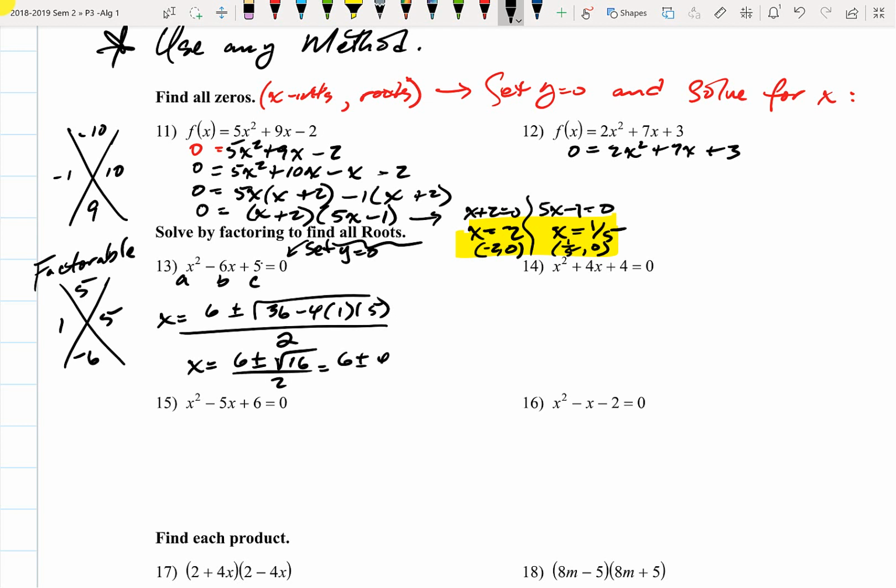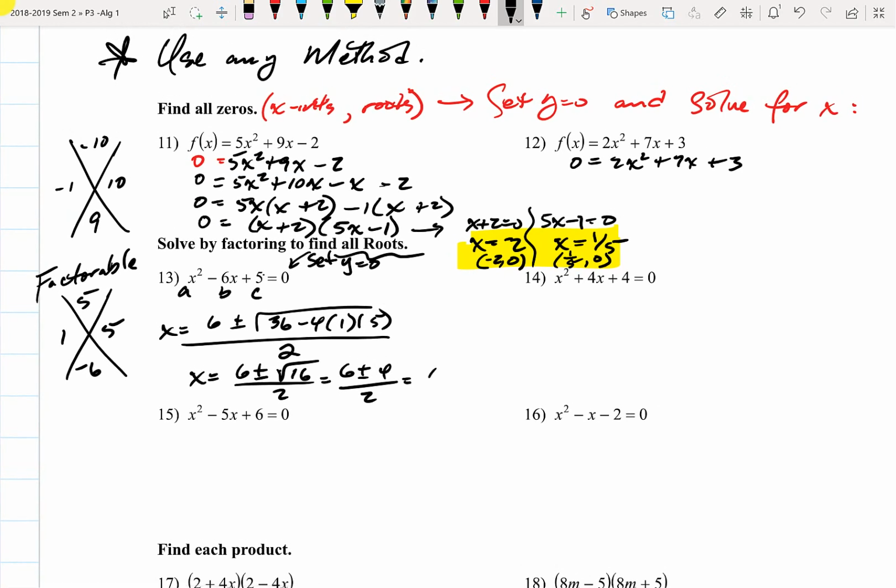That gives you 6 plus or minus 4 divided by 2. So that gives me two answers, 10 halves and 2 halves. 6 plus 4 is 10 divided by 2, and 6 minus 4 is 2 divided by 2. So x is equal to 5 and 1. So my roots are 5 comma 0 and 1 comma 0. So right here, this gives me this.